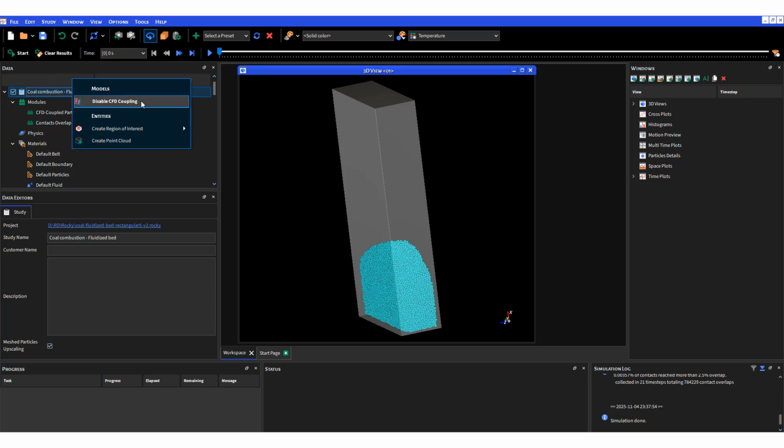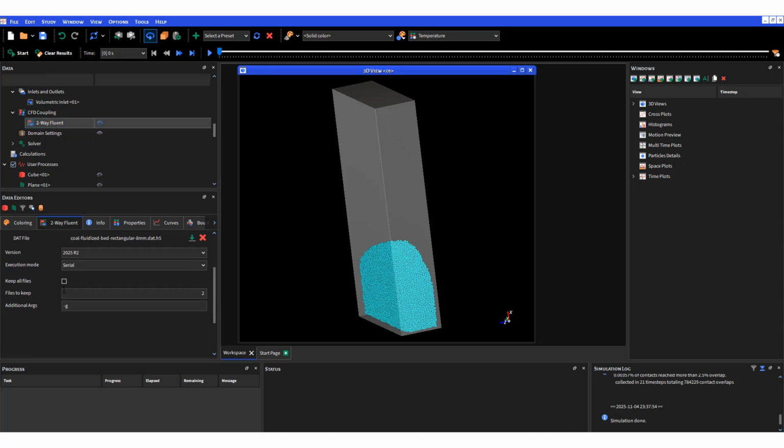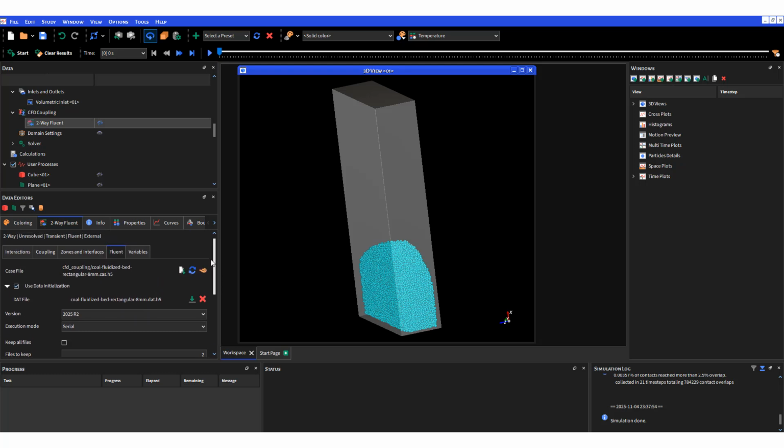Here we can see disable CFD coupling, because I had already enabled it before. Once it's enabled, it will prompt you to select a case file, and this is the case file that I added. We can use data initialization, so it uses the initialized data file that I generated in Fluent as my initial point, with all the patches and everything. I'm also keeping only two files, so that is basically it. And we do have to go back here and enable this region, the coupling fluid cell zone.